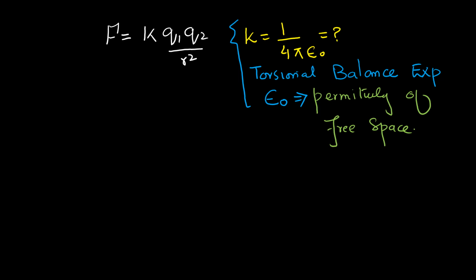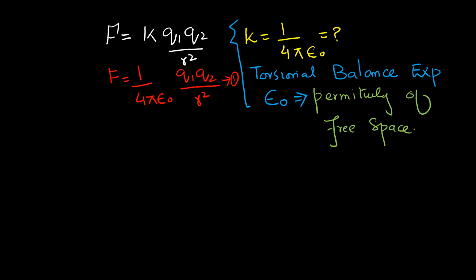So we can write Coulomb equation as F is equal to 1 over 4 pi epsilon naught into Q1 Q2 divided by R square. Let us say that this is equation number 1 here.